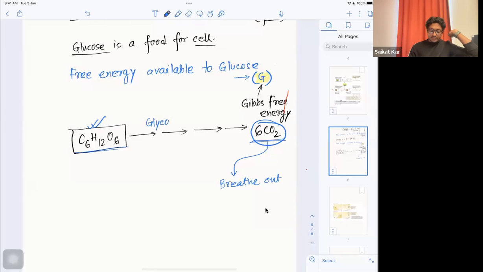One step is glycolysis, another step is Krebs cycle. Glycolysis is one series of reactions, Krebs cycle is another series of reactions. After these two, a complete glucose molecule is left with nothing but CO2.